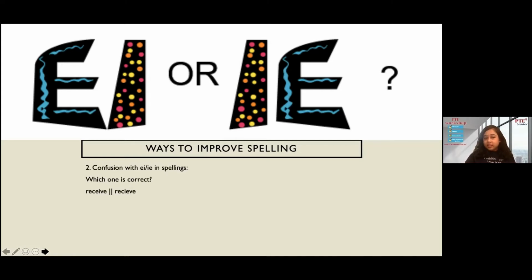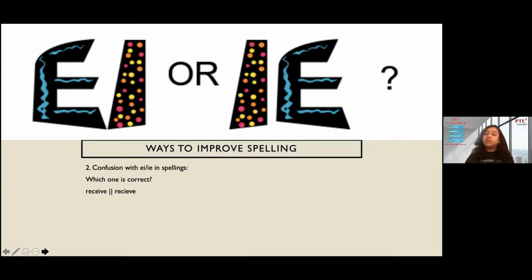So let's look at the word receive. There are two alternatives of the spelling, R-E-C-E-I-V-E or R-E-C-I-E-V-E. Even though we know the word, during stress or when we are anxious about our performance, we can make these silly mistakes.